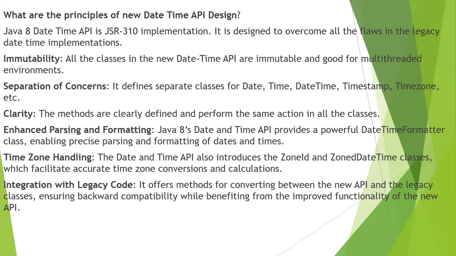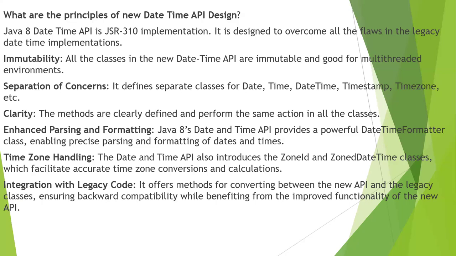Now, the next thing we have is separation of concerns. So, separation of concerns in the sense, earlier we discussed there are no different classes available for the time, there are no different classes available for the timestamp, time zone, and other things. Whereas in Java 8, we can see a lot of classes created for date, time, local date, local time, and time zone related things.